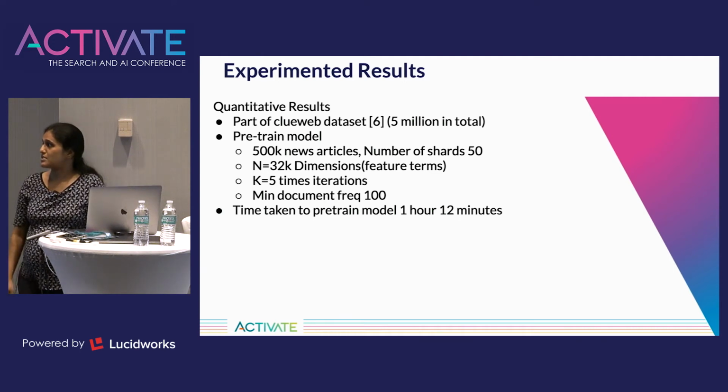If you're aware of k-means, the number of features that I've used is 32,000, and the number of iterations it ran was 5. The minimum document frequency for the terms that it picked to build the vocabulary, the dictionary, is 100. So any term that it picked as a potential feature occurred in at least 100 documents.